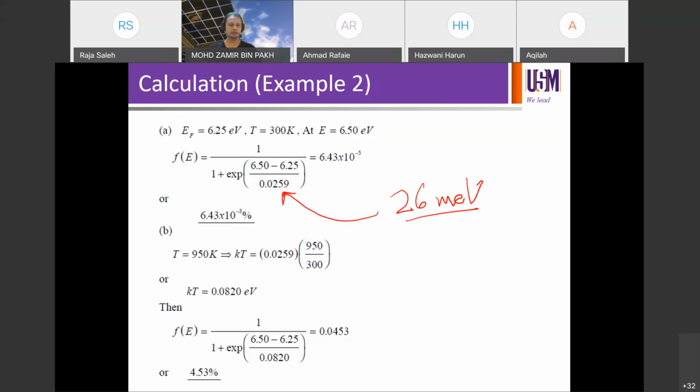If you have a number of questions that require you to calculate Fe, say part A you state your answer in percent, then make sure your part B is also in percent.